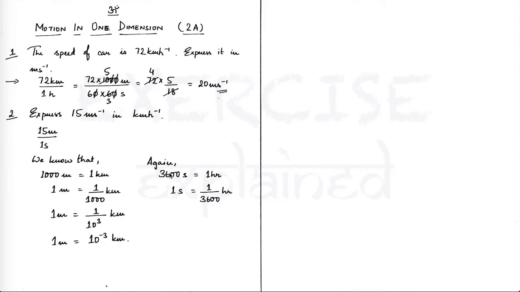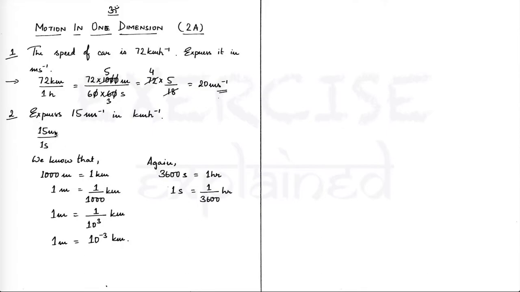So if this 3600 comes to the other side, I get 1 second is equal to 1 by 3600 hours. So 1 second is nothing but 1 by 3600 hours. Now I know 1 meter is 10 to the power of minus 3 kilometer. So 15 meter will be 15 into 10 to the power of minus 3 kilometer, or we can write it as 15 by 1000 kilometer.